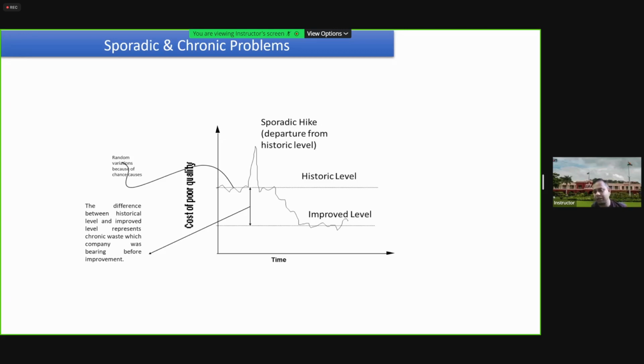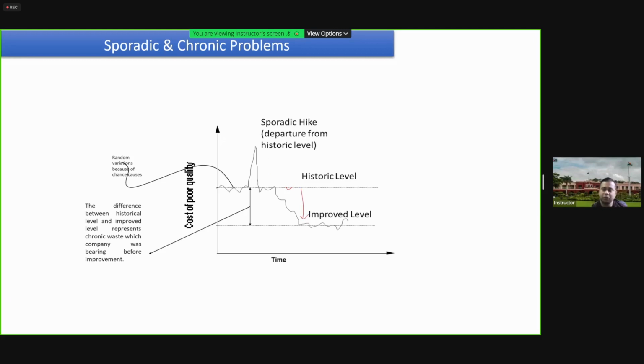And the overall organization goal is, in order to achieve improvement, we have to control these things. After controlling the deviation from this level, we now have to bring it to the new, improved level.